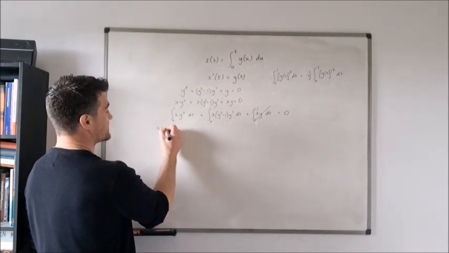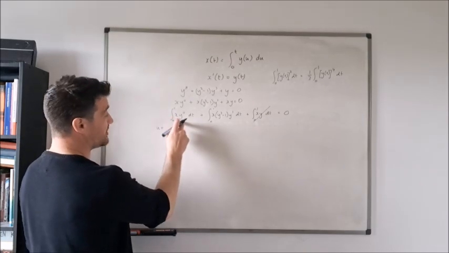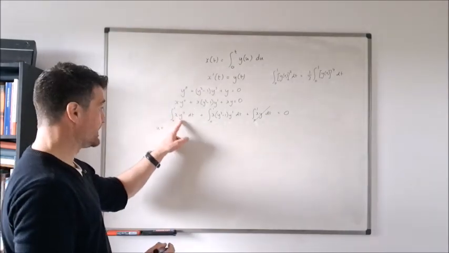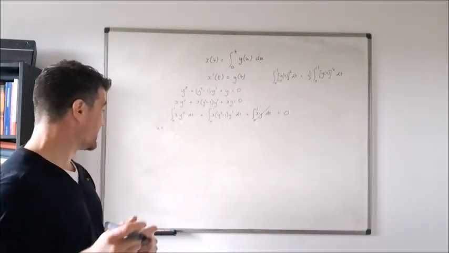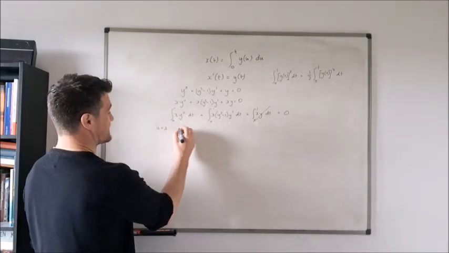So u equals, what do I want to differentiate? What do I want to integrate? Well, I don't want to differentiate y double primed, because then I'll get y triple primed. So I really want to be differentiating the x here, I guess.